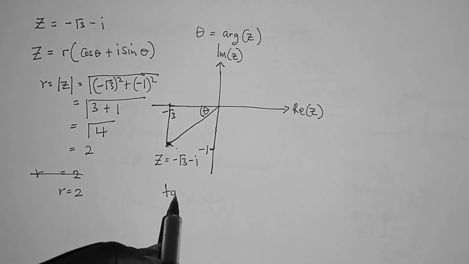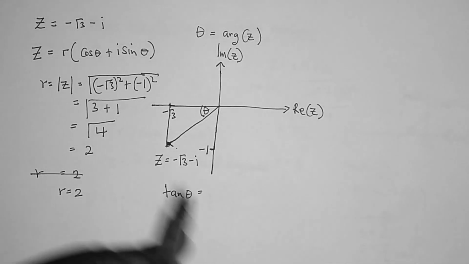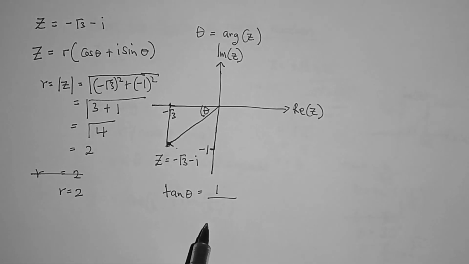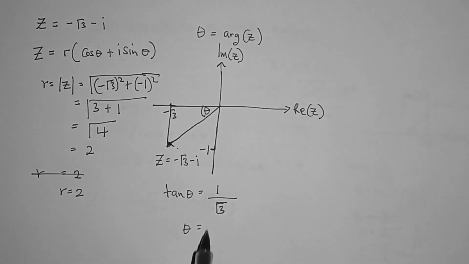You know that tan theta is equal to opposite over adjacent. The opposite in this case is 1 and the adjacent is root 3. So tan theta equals 1 over root 3. So theta is equal to tan inverse of 1 over root 3, and therefore theta is equal to pi over 6.